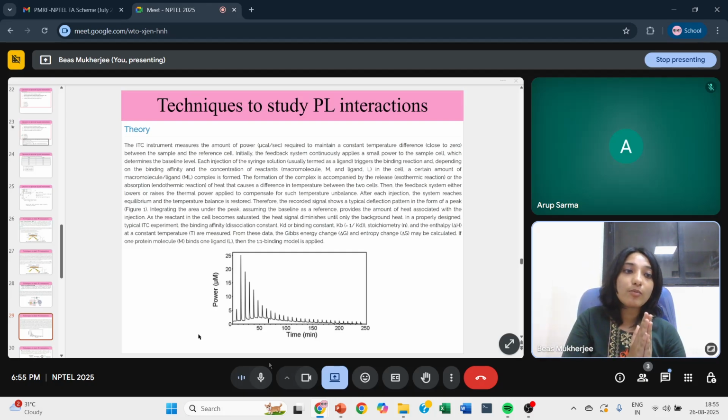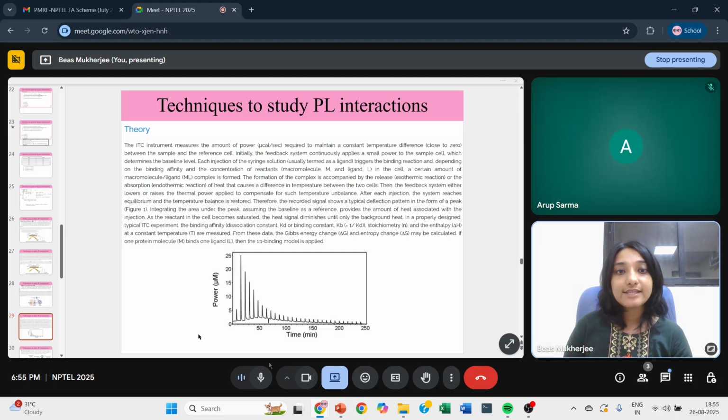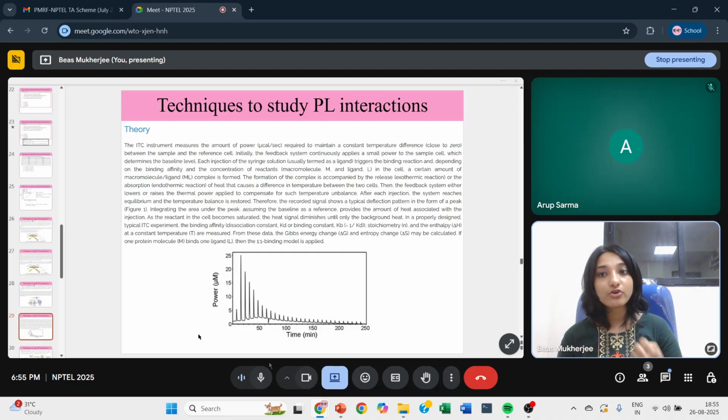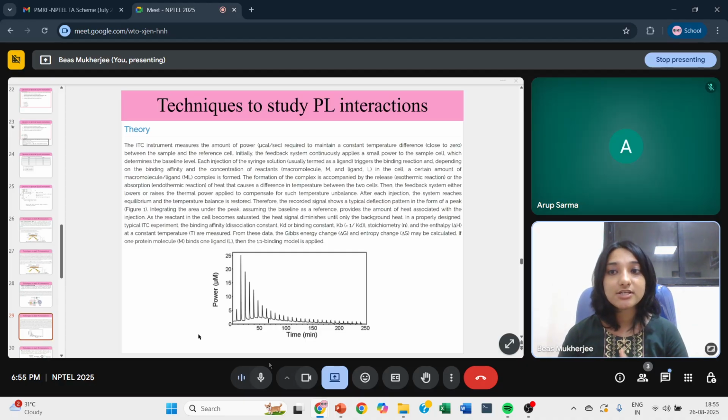The formation of the complex is associated with release of energy or absorption of heat, that is, an exothermic or endothermic reaction respectively, and then the feedback either lowers or raises the thermal power applied to compensate for such temperature imbalance. After each injection, the system reaches equilibrium and the temperature balance is restored.